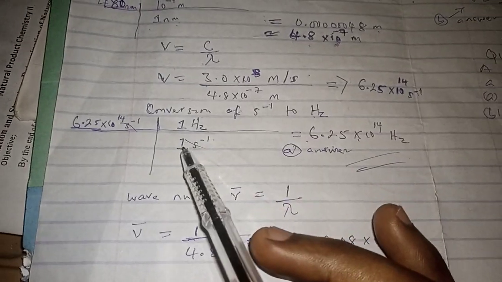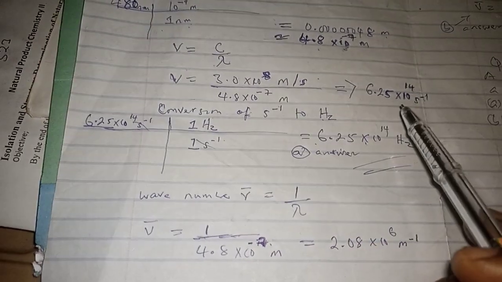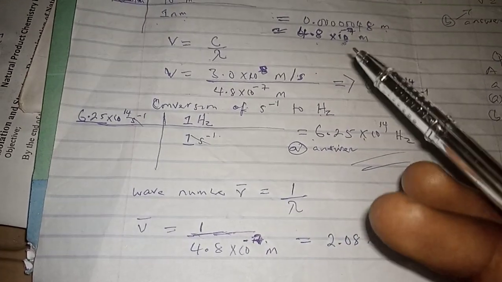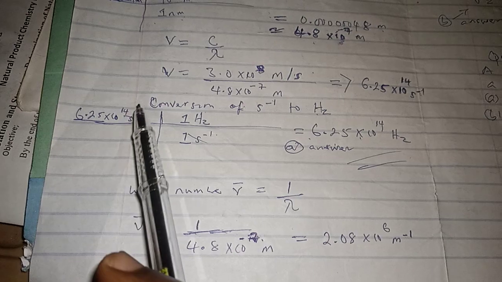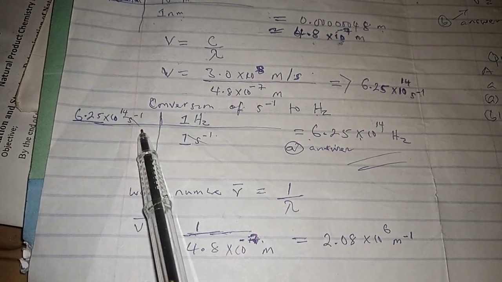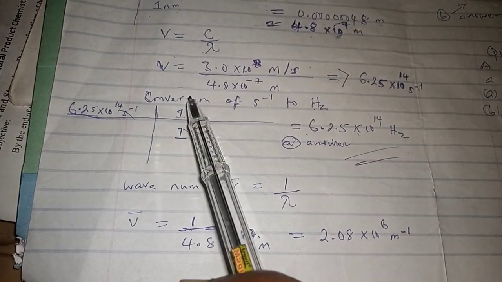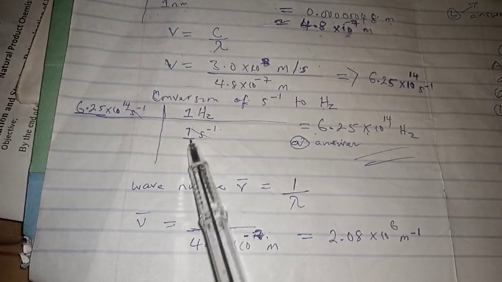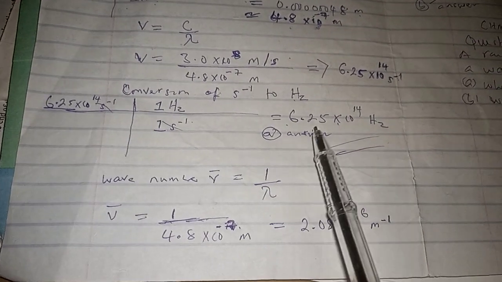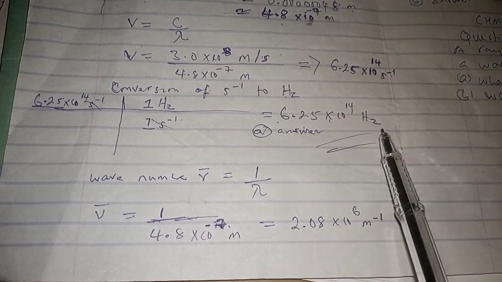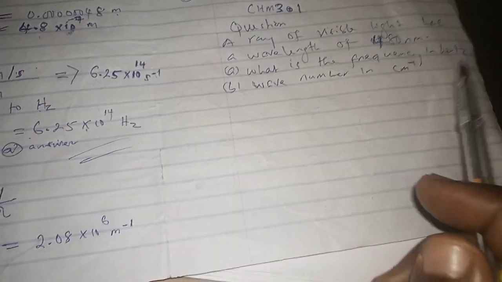So invariably, within that calculation, the same thing will give you the same value in hertz. So you have 6.25 times 10 raised to the power of 14 per second, which will be equivalent to 6.25 times 10 raised to the power of 14 hertz. And that's your answer in question A, what is the frequency in hertz.